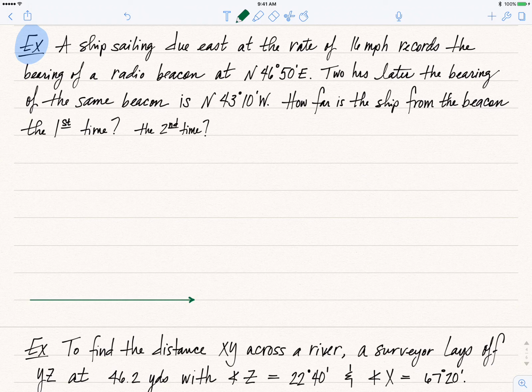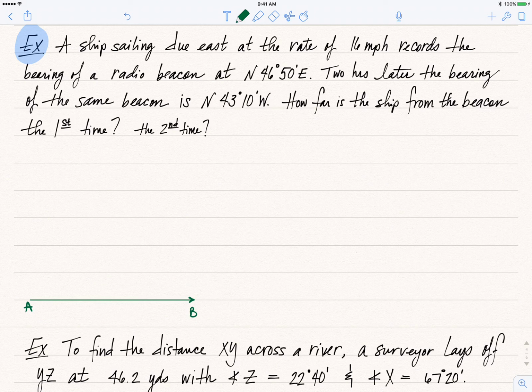So here's the idea. You have a ship sailing. At one point, let's call it point A, at one point he sees a radio beacon. And then in a few minutes, it's going to say 2 hours later. So he's going to travel for 2 hours along this eastern pathway. And so when after 2 hours, he's at point B, he's going to see the beacon again.